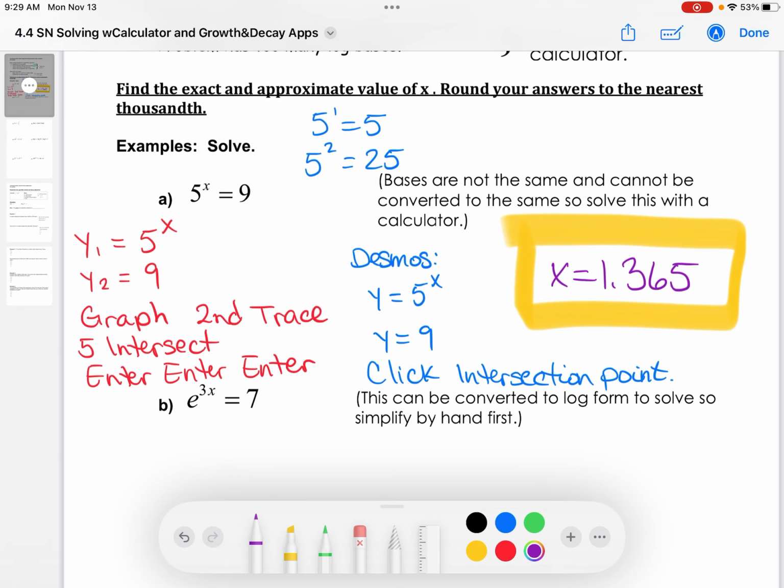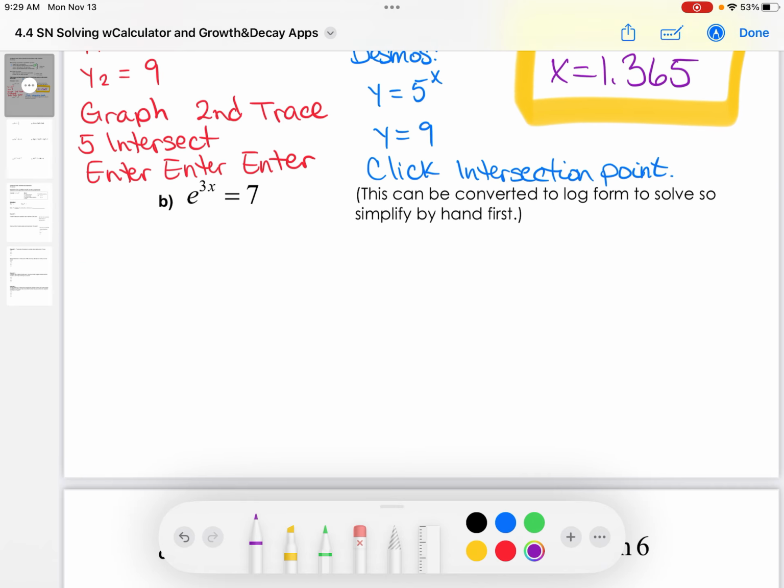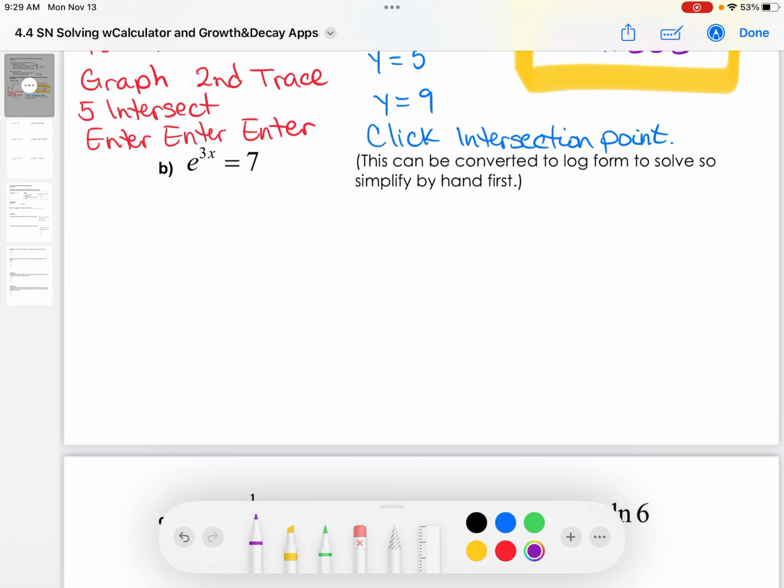So let's look at B. We want to try to simplify this before we jump straight to the calculator because we want an exact answer more often than not. So we can convert this to log form, drop and cross. When we drop a base e, it's a natural log. Natural log of 7 would be equal to 3x.